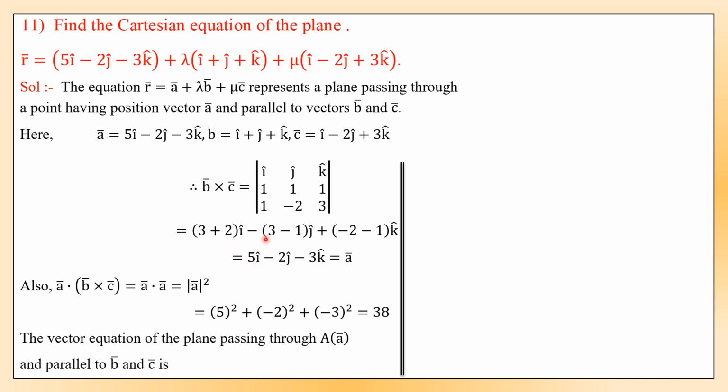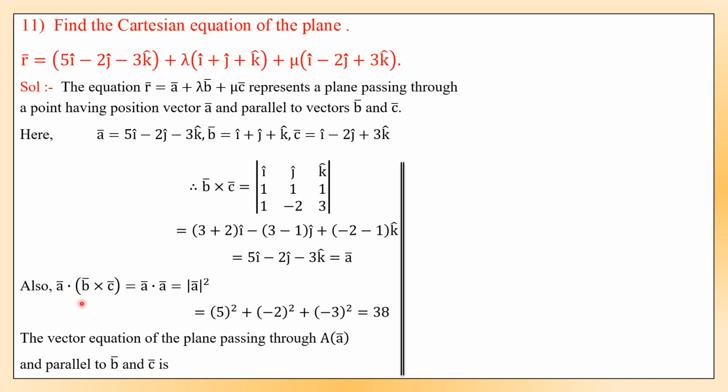That is 5i, 3 minus 1 is 2 so minus 2j, and minus 3 times k vector. Here the normal vector is b vector cross c vector. We find the value is 5i minus 2j minus 3k, which is the same as the point on the plane, that is 5i minus 2j minus 3k.